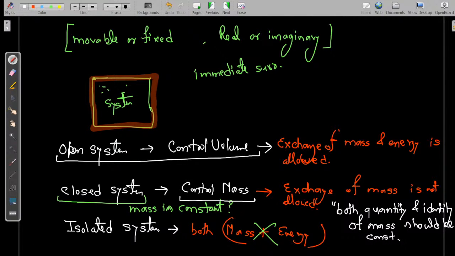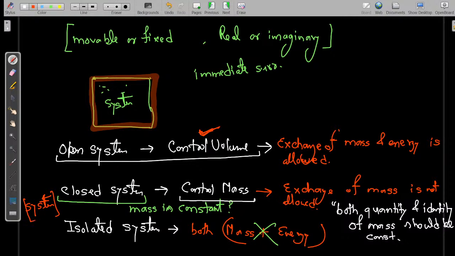ये जो टर्म है दोनों, these terms are that much popular. When you will study fluid mechanics, in case of fluid mechanics, control volume directly deals, you will not see anywhere that it is an open system. Everywhere it will be written that it is a control volume. Okay, and for representing a closed system, it will be written only system.